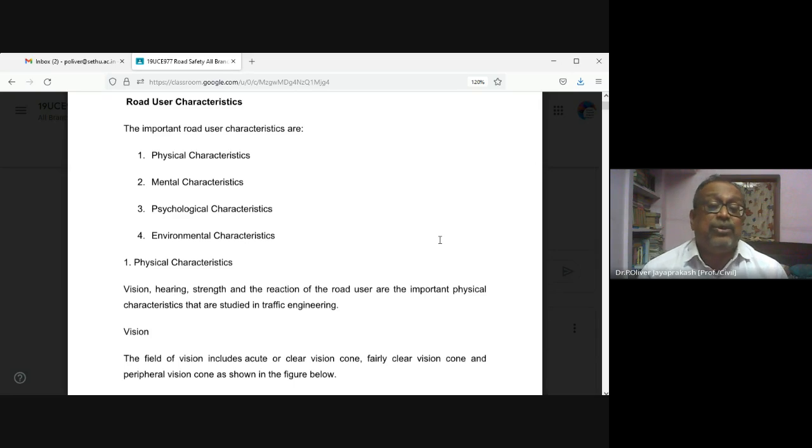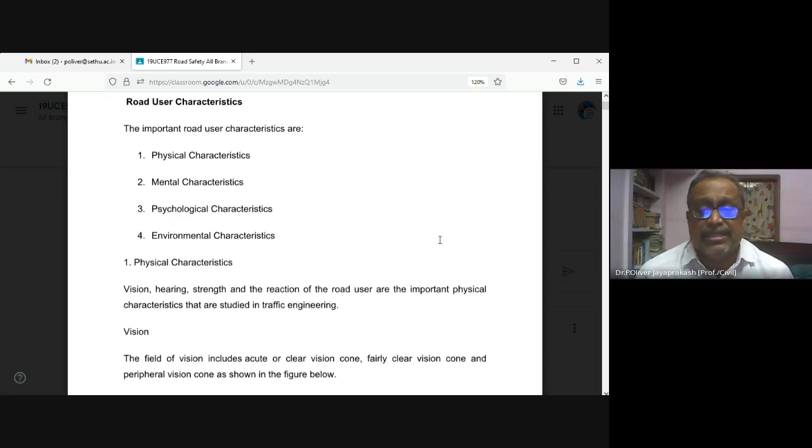Most of the time, road users think of the road as their home. They are playing and they are dancing. They are doing gimmicks. They are doing acrobatics in their vehicle, cycle, car, whatever vehicle they are driving. That's the main cause. So if you study the characteristics, then you can get an idea.